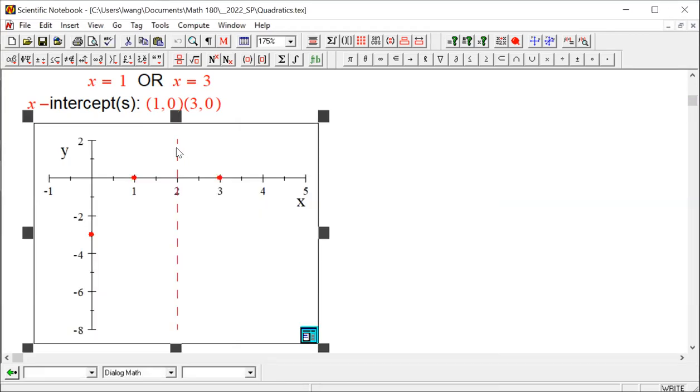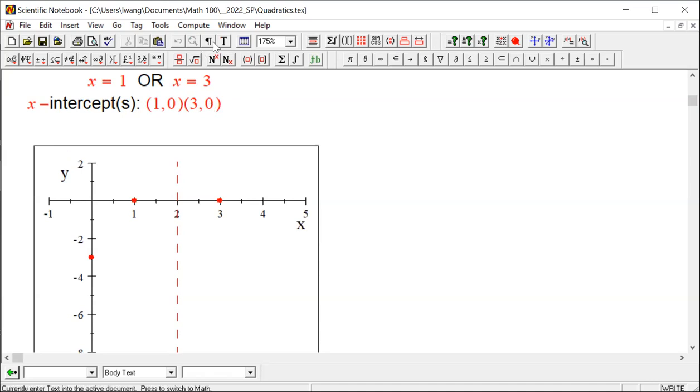And we know that the vertex is going to be on this line. Remember what we did before, the line of symmetry is going to be x equals 2. So this vertical line is x equals 2.